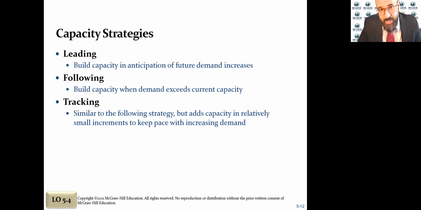Or tracking the demand, where you build small increments to keep up with the demand. You don't want to build the whole factory just to meet the demand. So you say, okay, I want to just meet 20% of the extra demand, and I will do this over the next 5 months. By the next 5 months, I will be meeting this 10% increase in the demand.